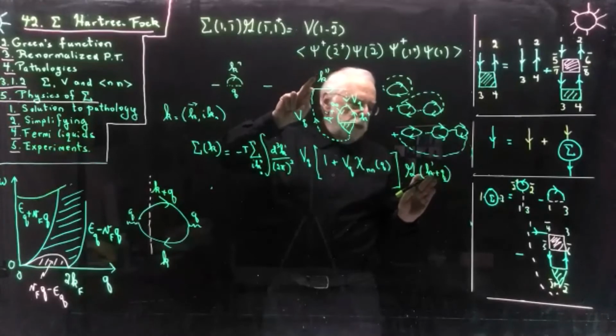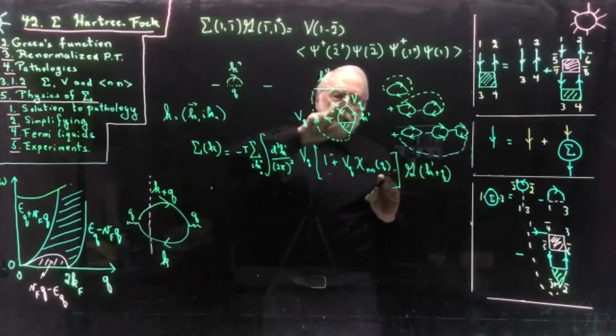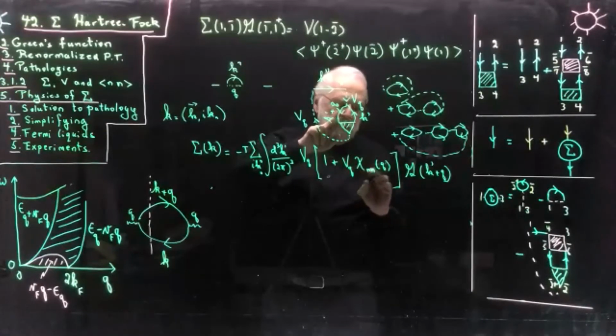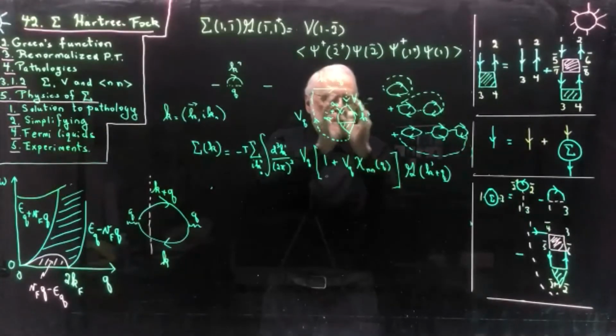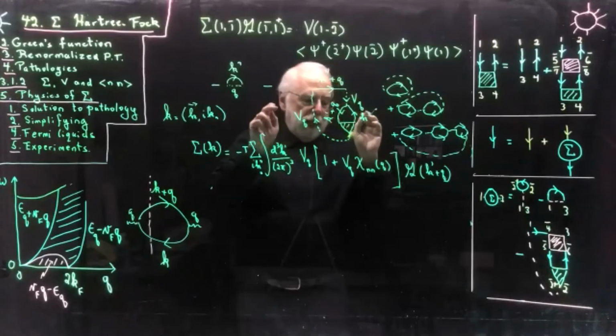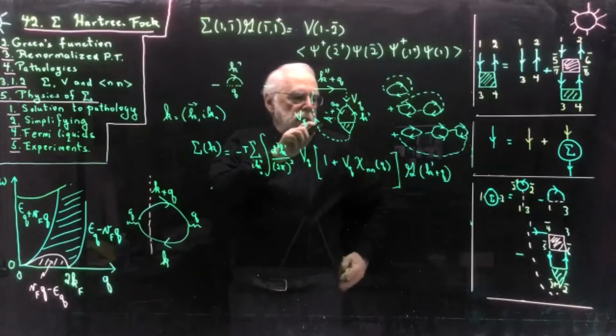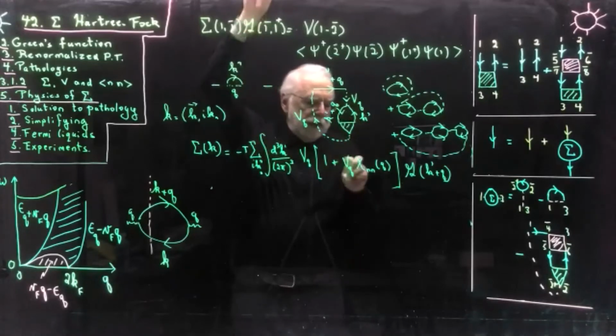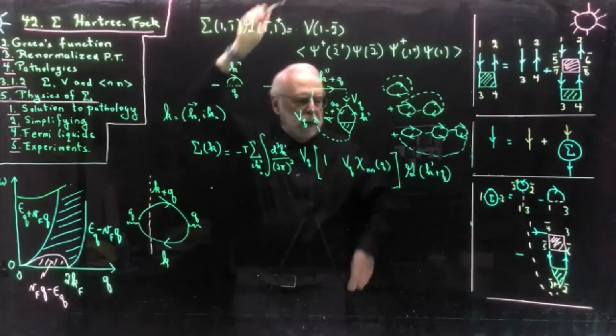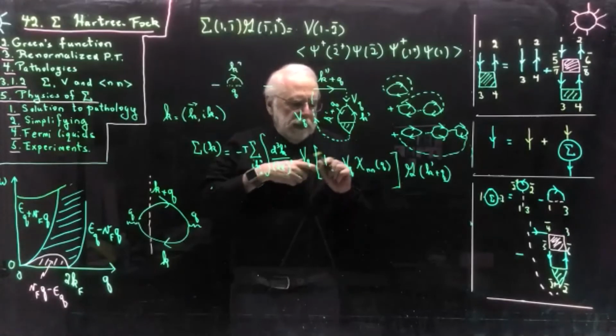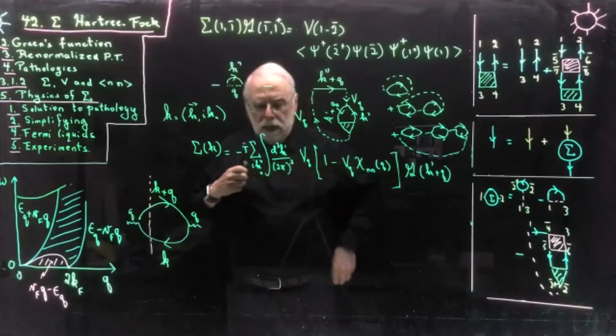So G of K prime plus Q, then this piece is just the susceptibility. Now this is some of the bubbles. And I have the V of Q, and this by itself is not the susceptibility, it's minus the susceptibility. So I have a minus sign here.